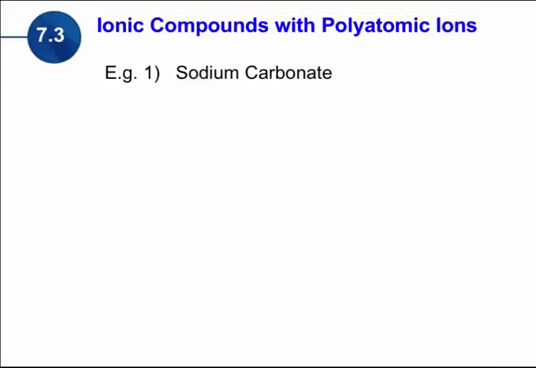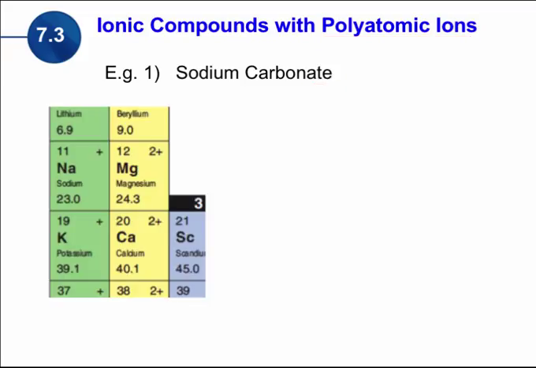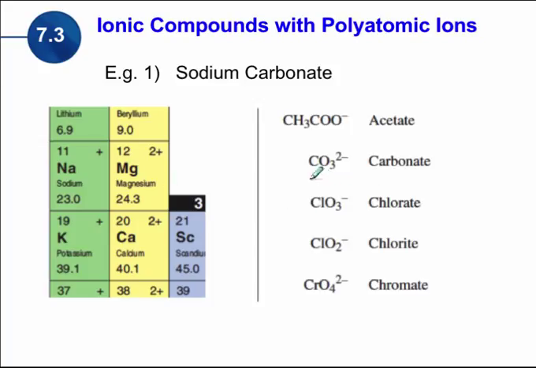So let's look at the first one here, sodium carbonate. The big thing to notice is that if we have an ate or an ite or an ic, then it's going to be a polyatomic ion. We can't find carbonate on the periodic table, but we can find sodium. So we'd look to page 5, our list of polyatomic ions, and you will find carbonate on that list.